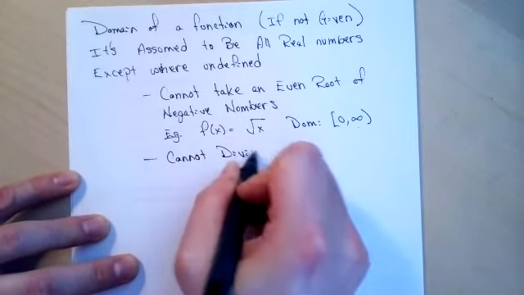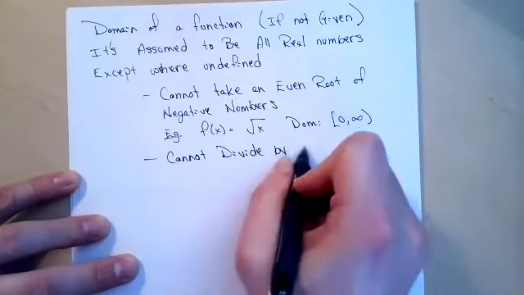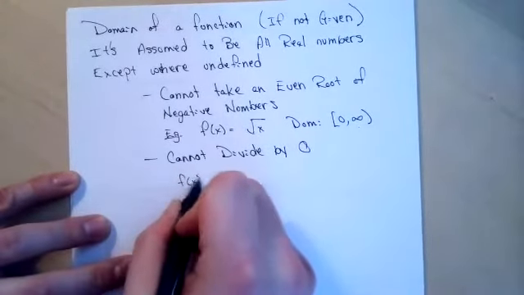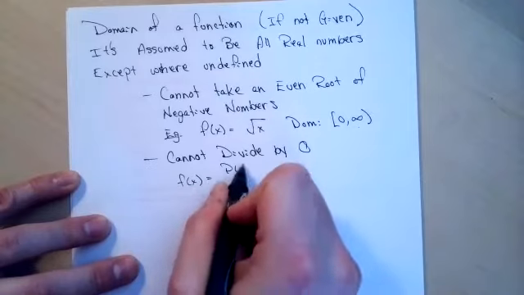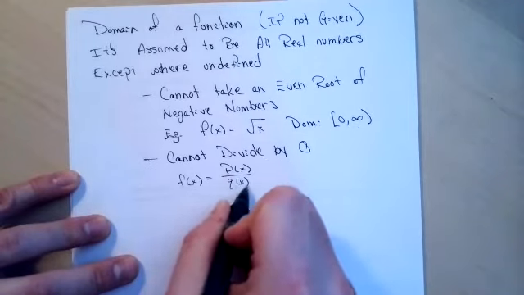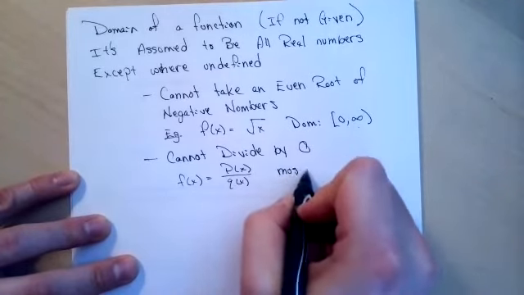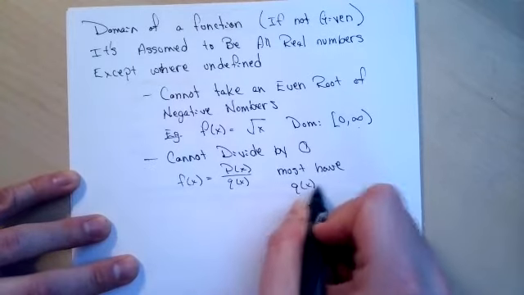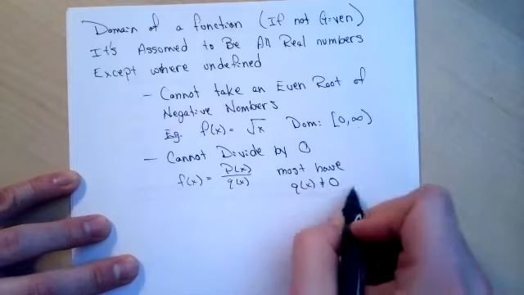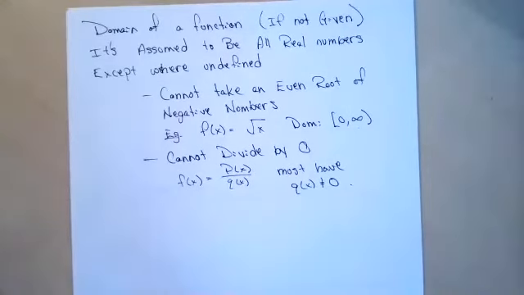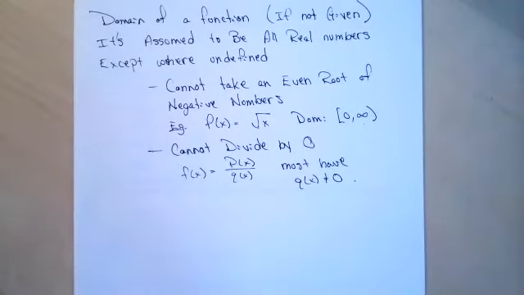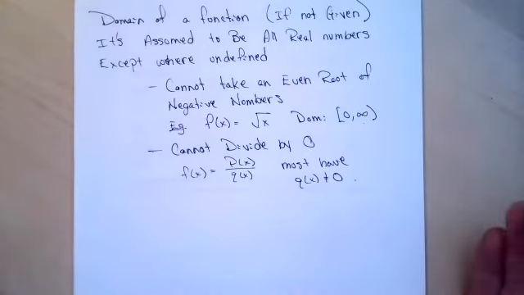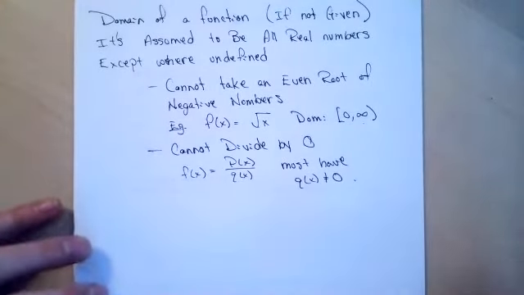We cannot divide by 0. So in our rational functions, we cannot have q of x be 0. In other words, q of x has to be non-zero. Typically, finding the domain of a rational function, we set the denominator equal to 0, and wherever we find those zeros, we throw those out of the domain.